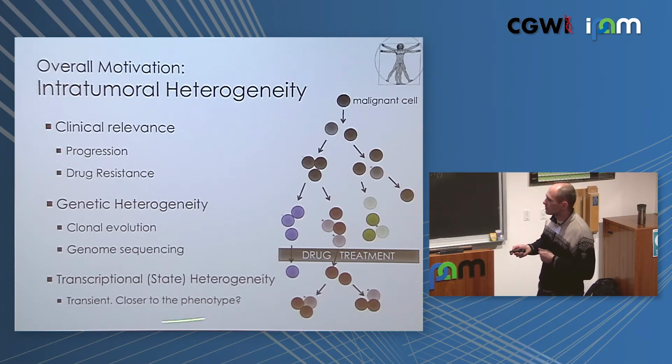So the transcriptional heterogeneity can be quite apparent if you simply measure transcriptional states of cancer samples, and you can imagine a situation where each clone has its own transcriptional signature, right? That is quite distinct, and that's all the transcriptional differences that you see among cells. However, you could also imagine a situation where transcriptional differences are driven by processes other than genetics, by the microenvironment in which the cells find themselves, epigenetic state, and so on.